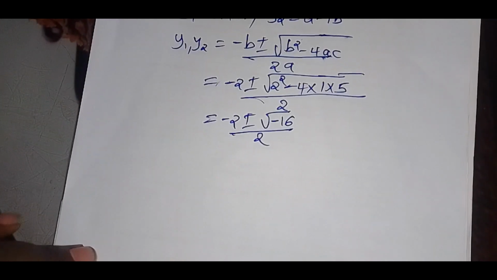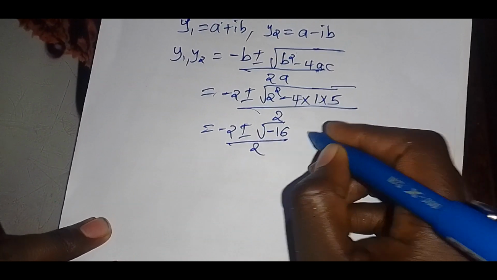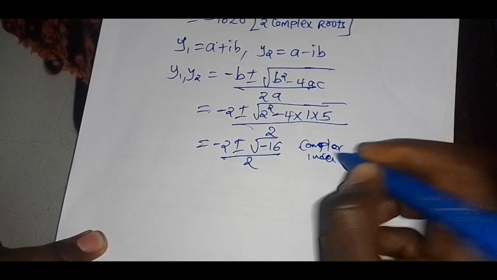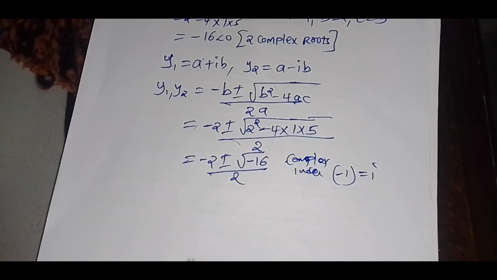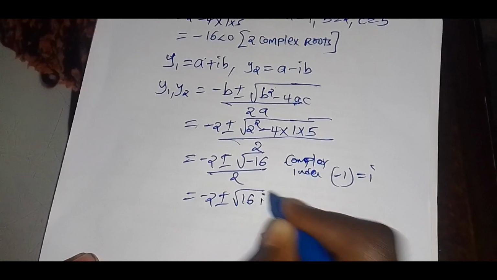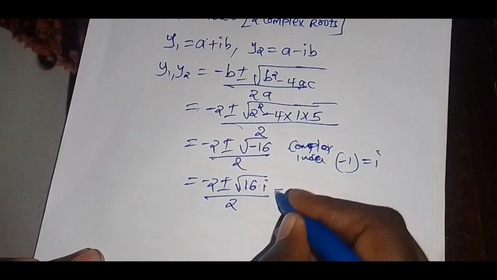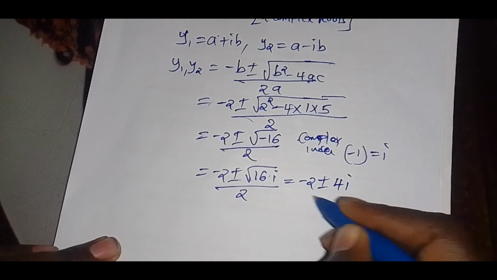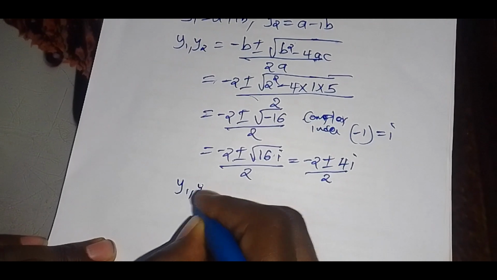And now an interesting part, if we apply the complex identity that states that the square root of negative 1 is equal to i, so that we'll have minus 2 plus or minus the square root of 16 times i, divided by 2, and the square root of 16 is 4, so this means we'll have minus 2 plus or minus 4i divided by 2.